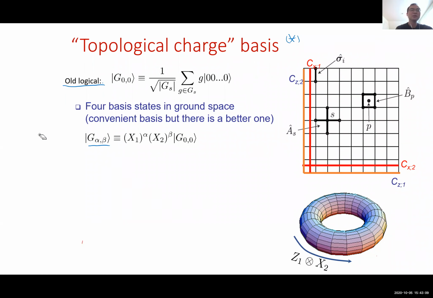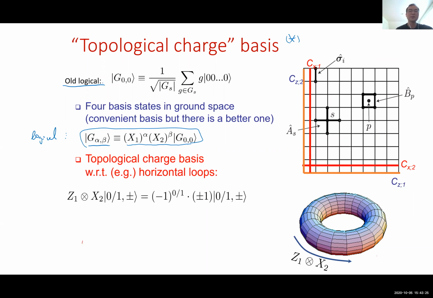It's just flipping using the logical operator as a logical basis. There is also another basis we can use. It's actually, in some sense, a plus minus one basis. In this case, it's a mixed basis. And this one is called the topological charge basis.